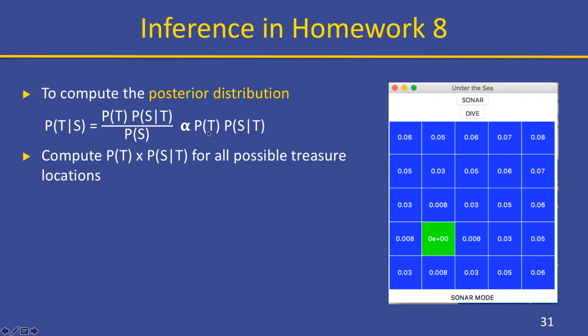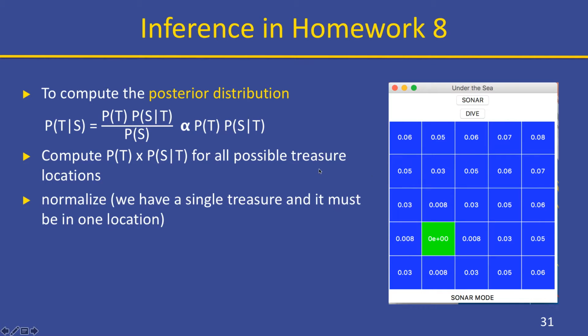So we compute this product, P of t times P of S given t, for all possible treasure locations, and then we normalize. The probabilities have to add up to 1. We have a single treasure here, and it has to be in one location, so all these probabilities must add up to 1.